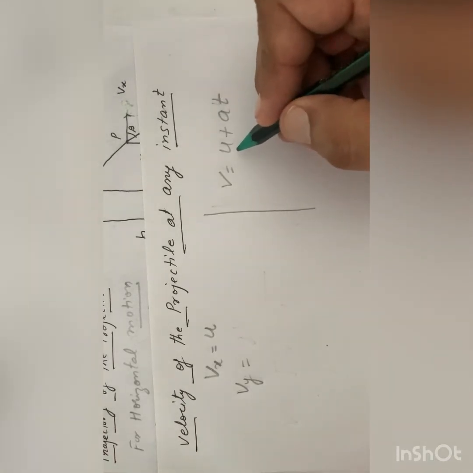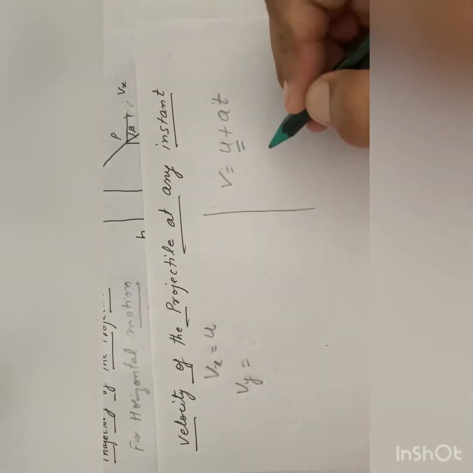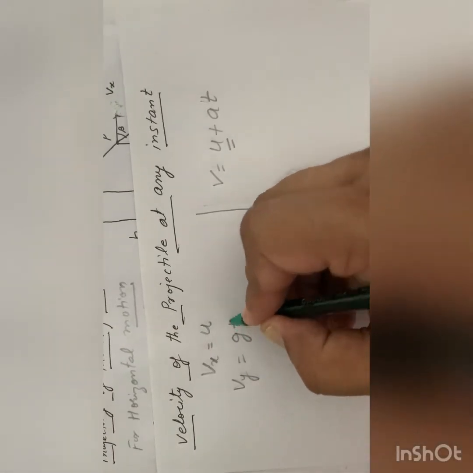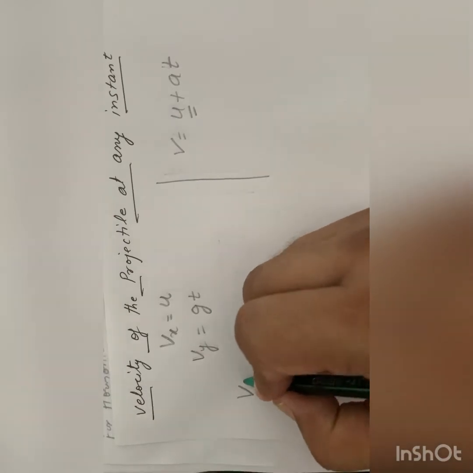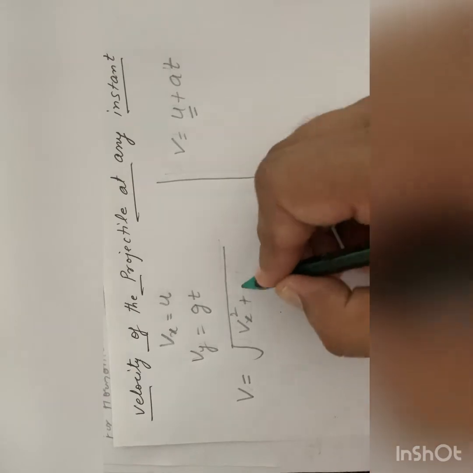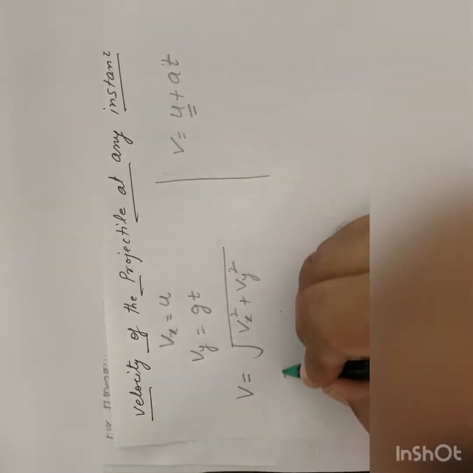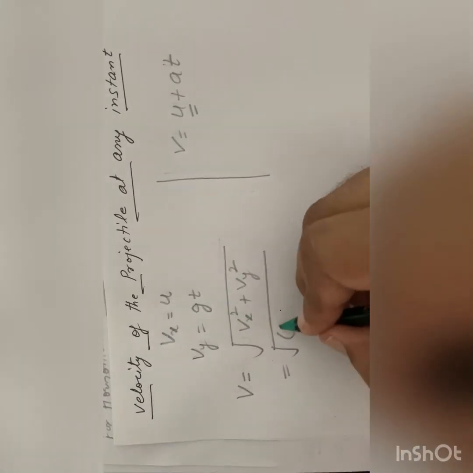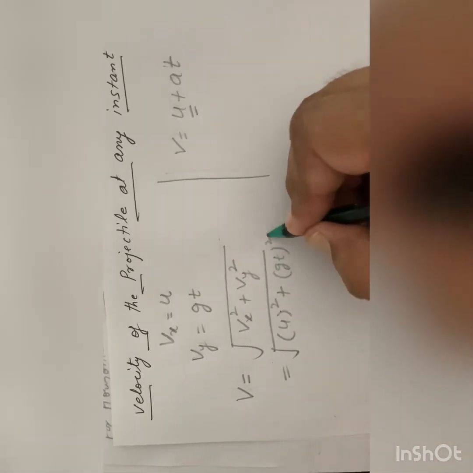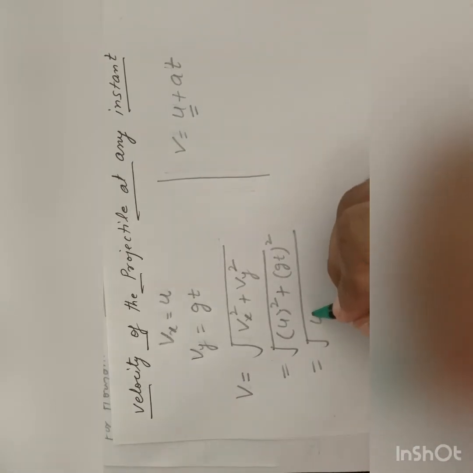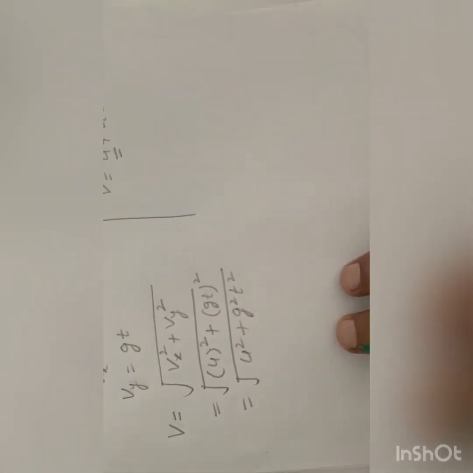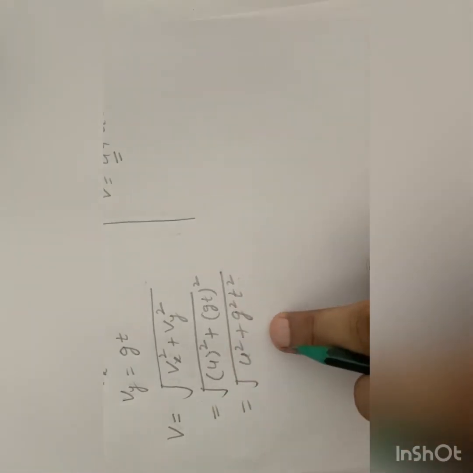Here the initial velocity along y direction is equal to 0, so we get Vy equal to gt. Resultant velocity v is given by under root Vx square plus Vy square. Vx is u, so u square, Vy is gt, so g square t square. We get v equal to under root u square plus g square t square. This is the velocity of the projectile at any instant.